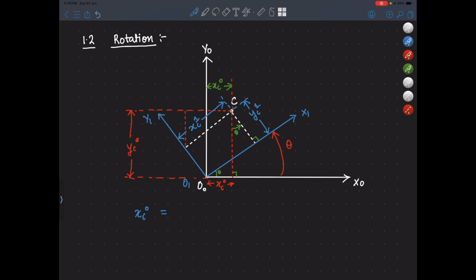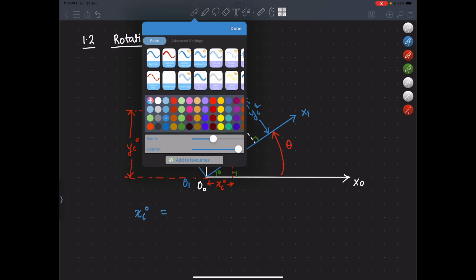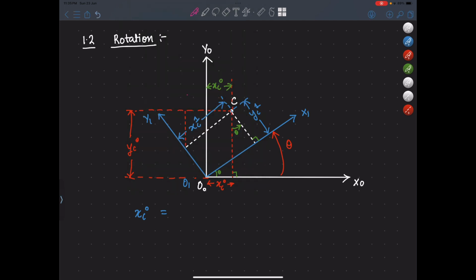Let me take some other color, pink. This length minus this length, correct? So let's write it down. So this pink minus this white length, right? This is xc naught.